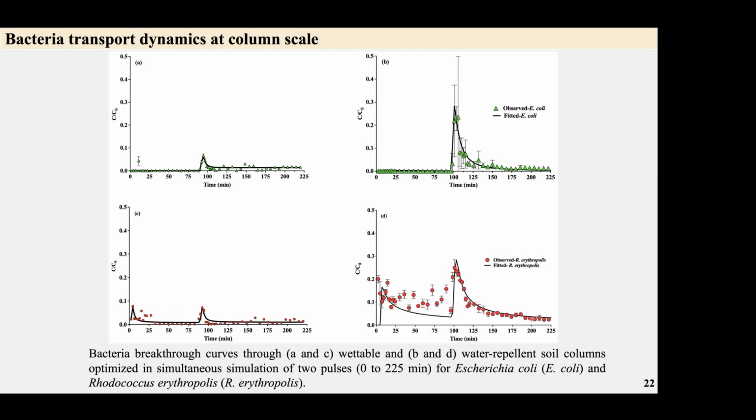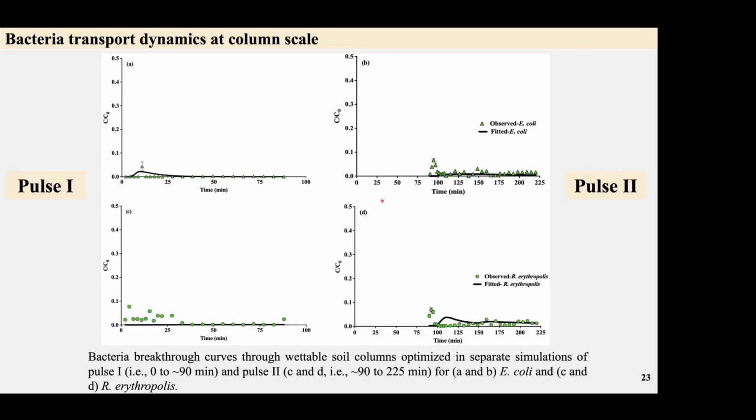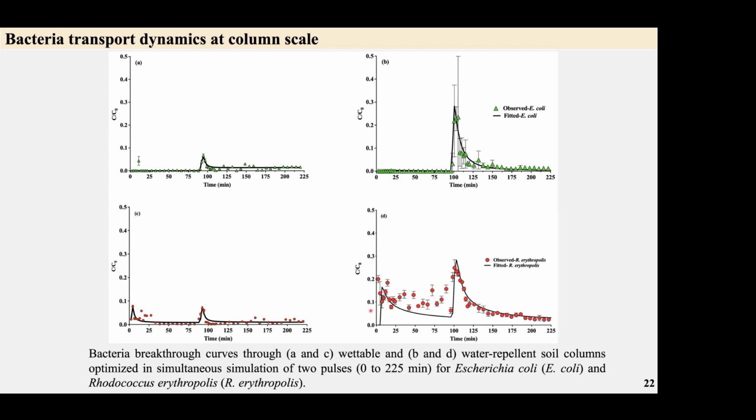But afterward, when water repellency very likely stopped, we modeled these data nicely. For each pulse separately, we were not able to model bacterial transport for water-repellent soil, although here we could model the two pulses together.